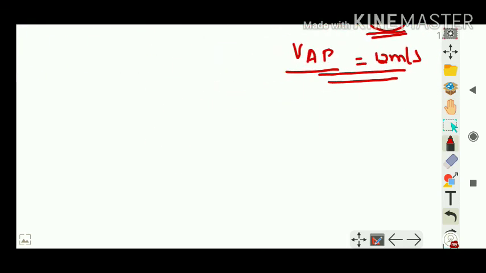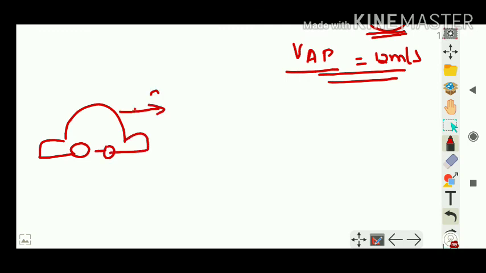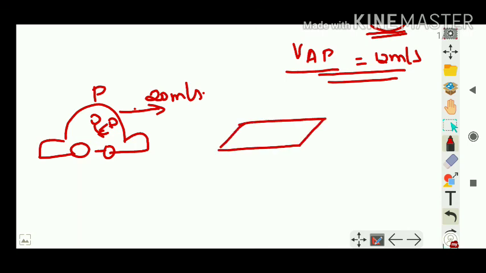Now let's do another section, a similar type of problem. Let's say this is a car, and the car is moving with a velocity of 20 meter per second. There is a person here driving using a wheel, and there is a trolley here, and the trolley has a person.